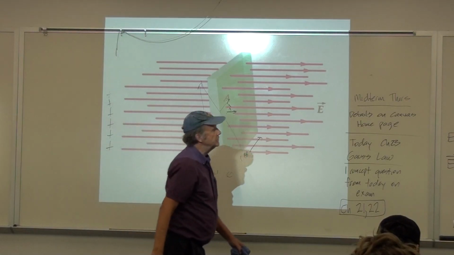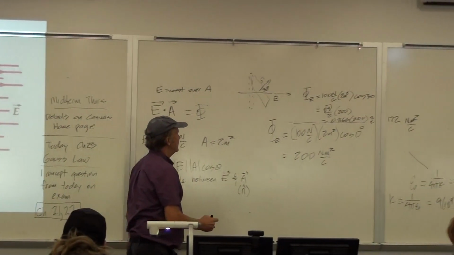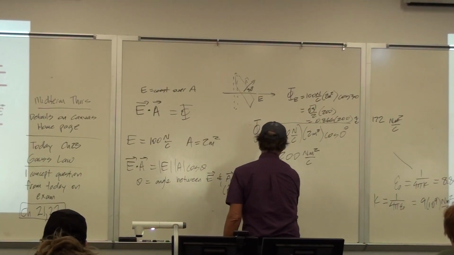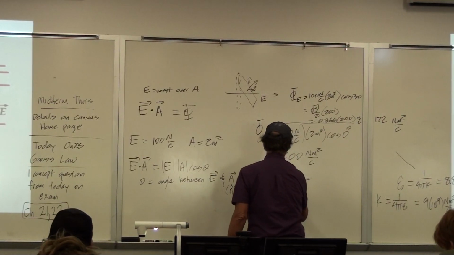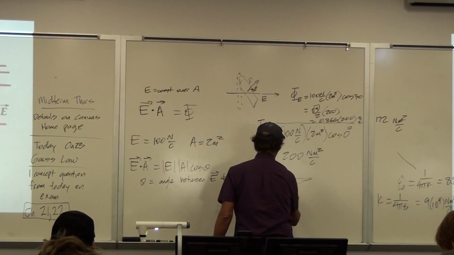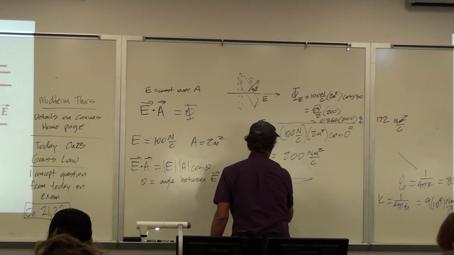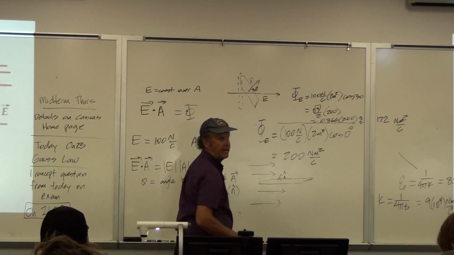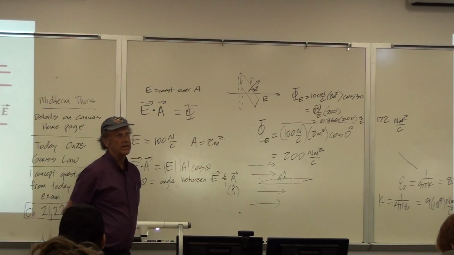Then if you went to the most extreme situation where theta is 90, then the plane would be oriented like this, the unit normal would be this way, and none of the electric field lines would cross that area. So the flux would be 0.